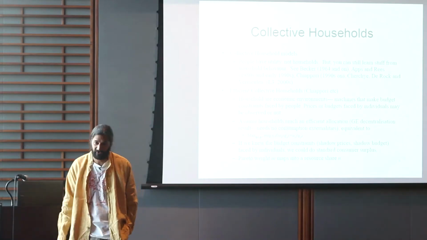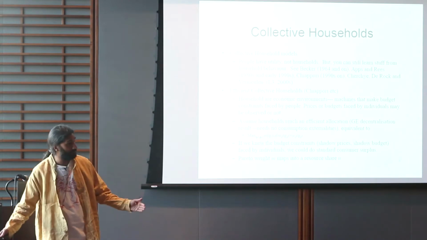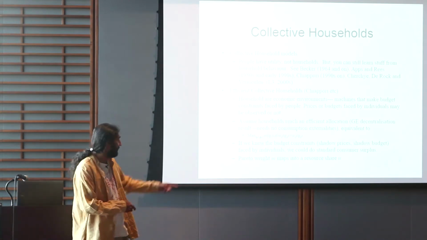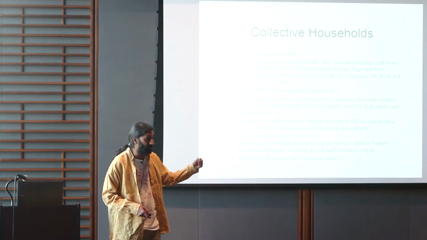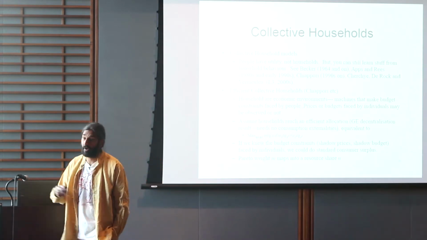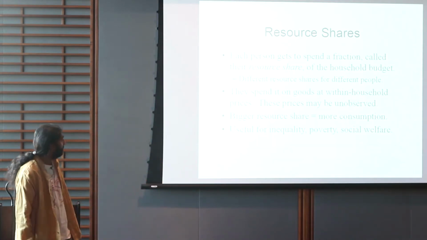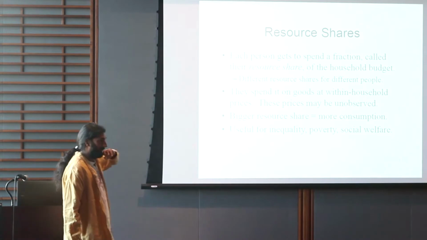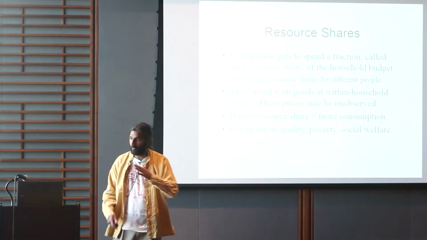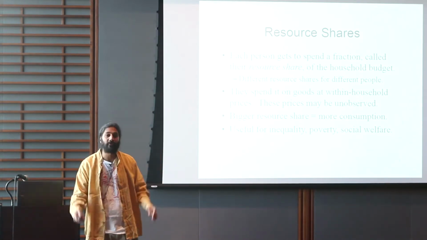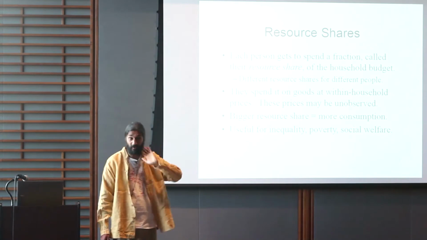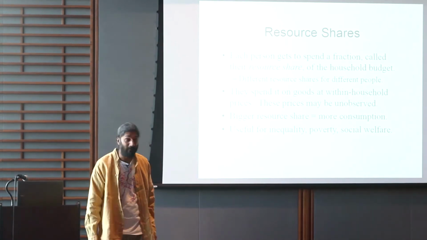Those weights map into an object called a resource share, which is the share of the total household budget that a person has. So that resource share is the object that I'm going to talk about how to identify. When you're in a world in which the household is a machine that generates budget constraints that are faced by people, the characteristics of this budget constraint is kind of what matters.